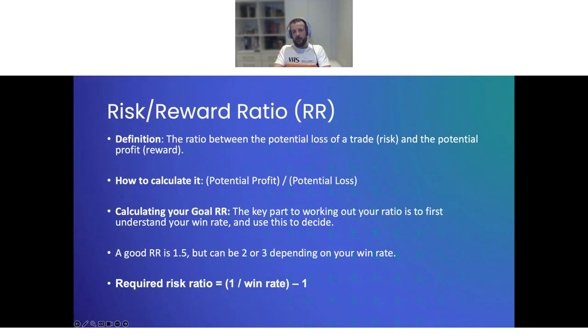The key part to working out your ratio is to first understand your win rate. And to understand your win rate, unfortunately, you need to start trading. If you've been trading for some time and you've been journaling and logging all your trades, or you can go back into your exchange and pull the log, it's really important that you figure out what your win rate is.